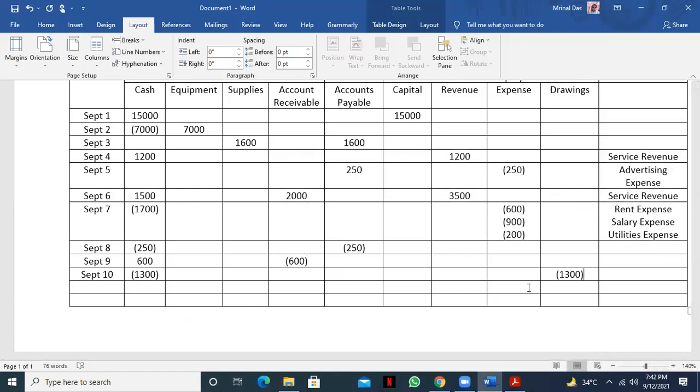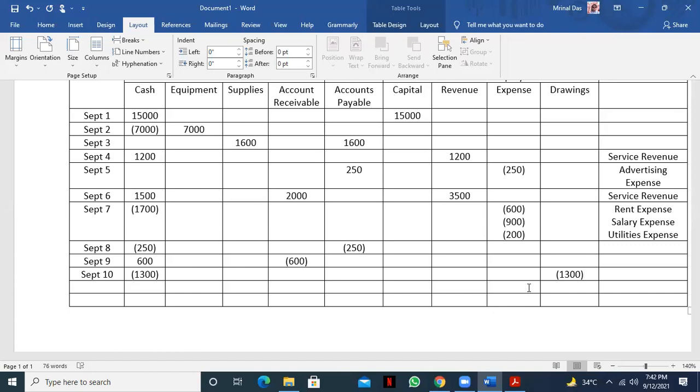In real life, it depends. Maybe in account receivable, we may use a different account receivable account, like Mr. Korim account receivable, Mr. Rohim account receivable. We can do it like this.